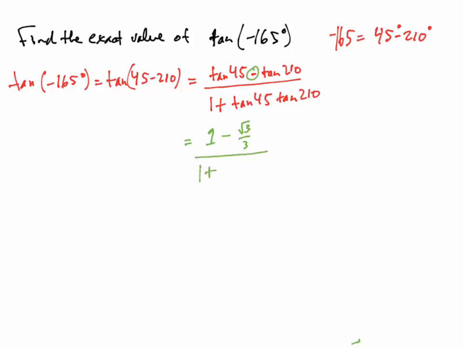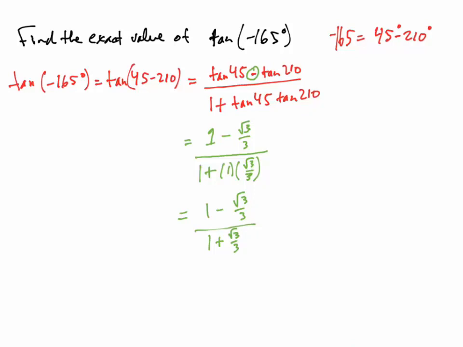And then 1 plus tangent of 45 is 1, tangent of 210, root 3 over 3. We get 1 minus root 3 over 3 over 1 plus root 3 over 3. Now there's a couple ways you can simplify this.